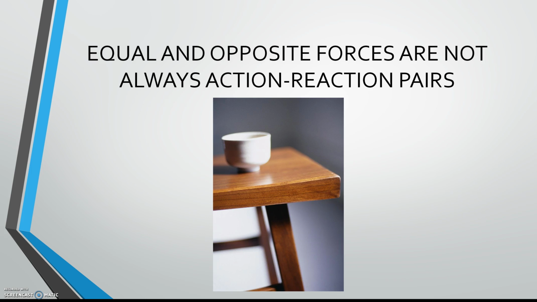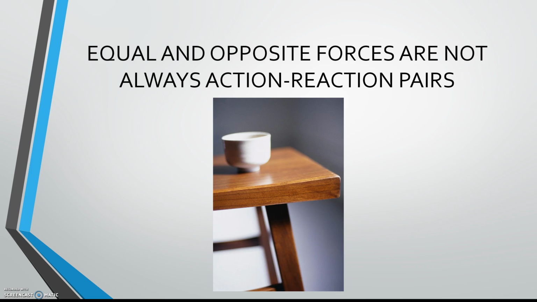What we can't say is that the earth is exerting a force on the cup and the table is exerting a force on the cup. Because in this case, you have two different objects that are exerting a force on the cup. We don't have one action-reaction pair.